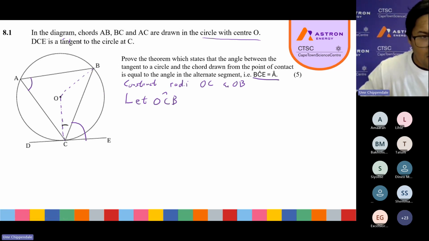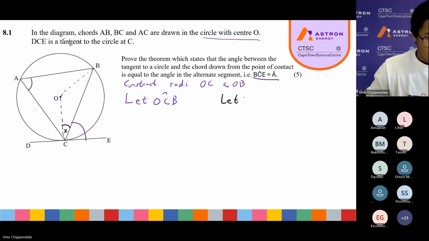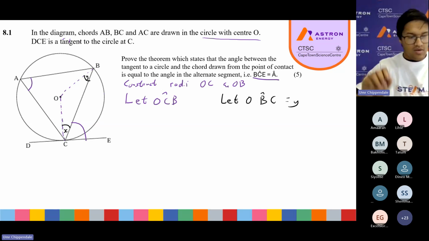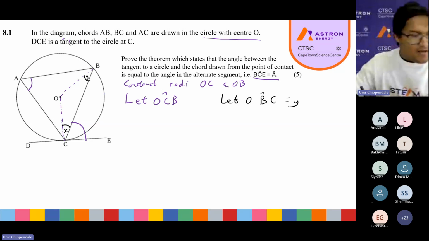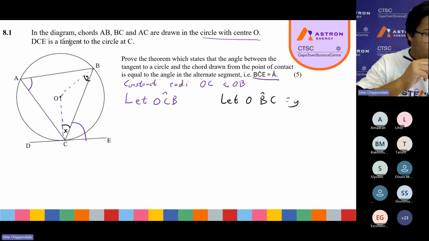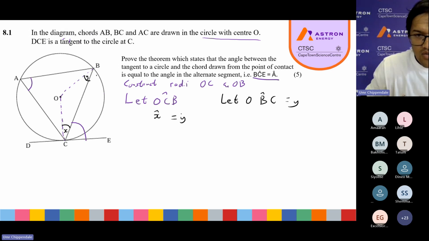So let OCB equal X, and then let OBC equal Y. So now these are different because we just made these new angles. Right, so now we have those two together. But now if you look at it this way, we could actually say that angle X is equal to angle Y.